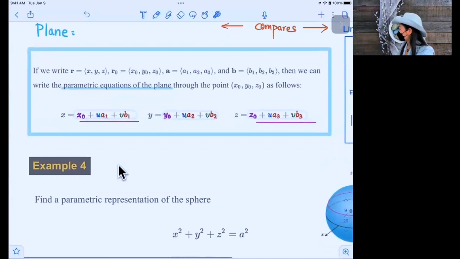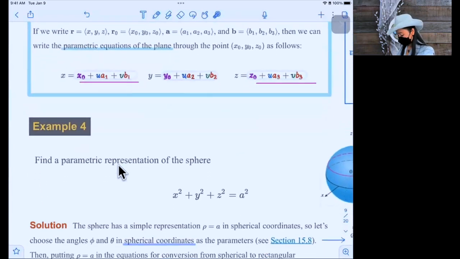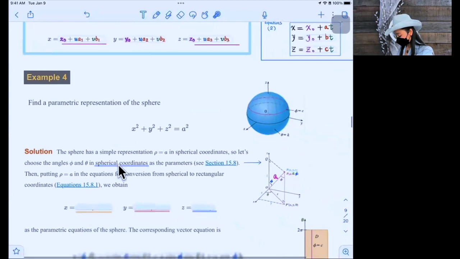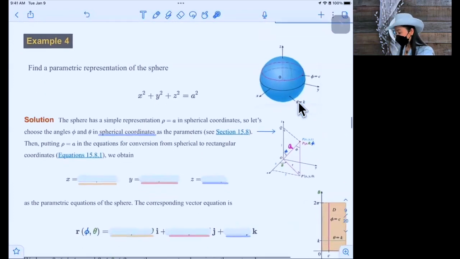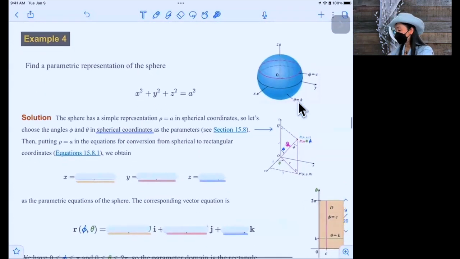Now let's try this example. Example 4. We try to find a parametric representation of the sphere, right? Here is a sphere centered at the origin with radius a, and it has a simple representation in spherical coordinates.